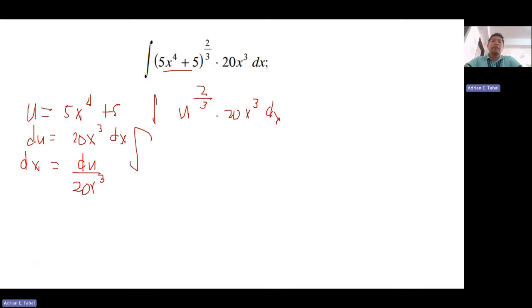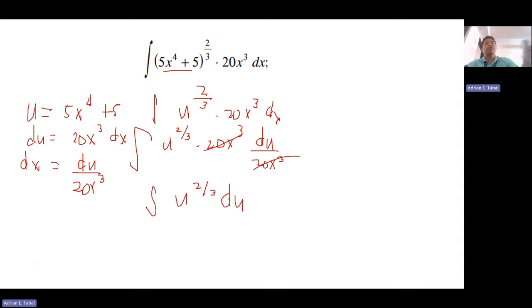And the value of our dx: so you have u raised to 2/3 times 20x cubed, and our dx is du over 20x cubed. So cancel 20x cubed. The remaining function is u to the power of 2/3 du.